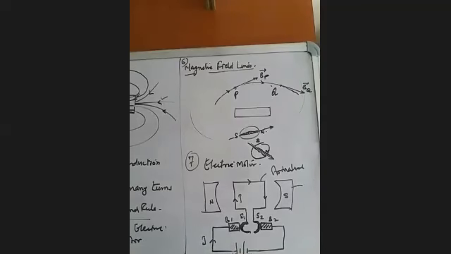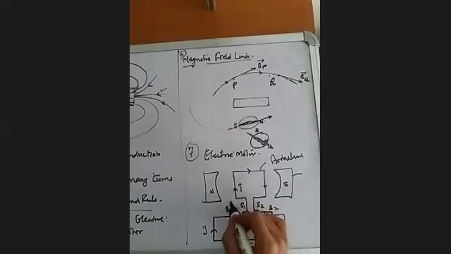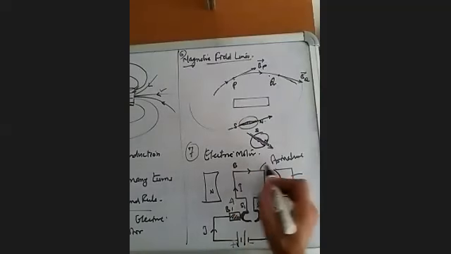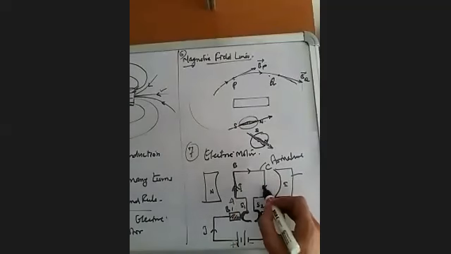Now, the question was asked, what is the principle of electric motor? The principle on which the electric motor is based is that whenever a current carrying conductor is placed in a magnetic field, it experiences a force. So here also we have this armature ABCD. So this is a conductor basically, and it is carrying current.